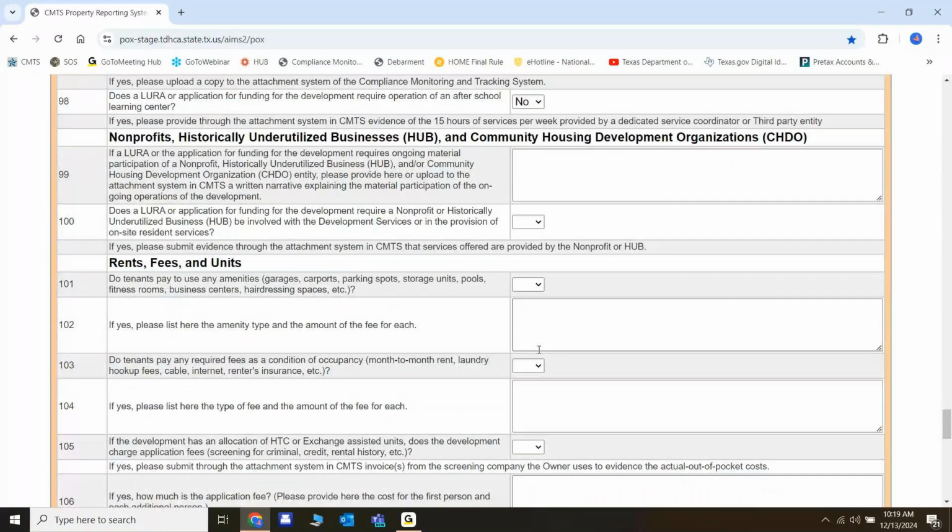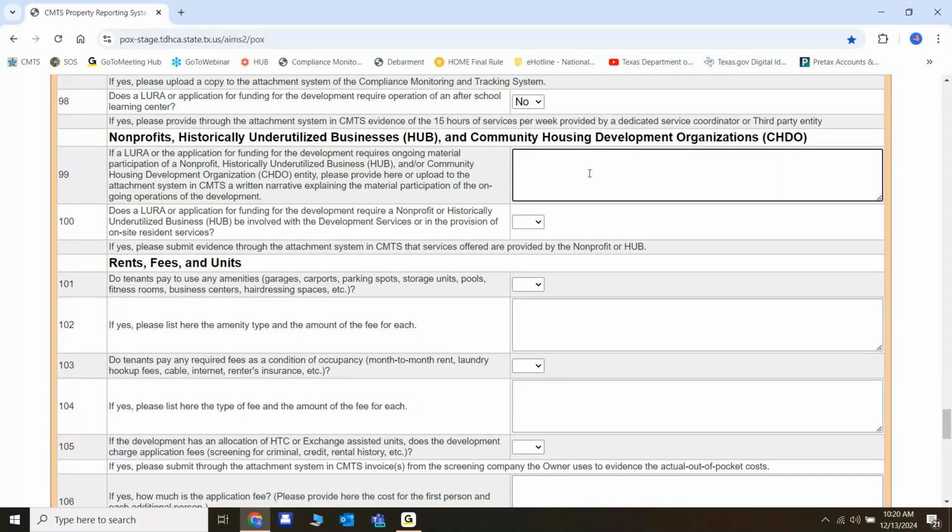Next, we're going to talk about nonprofits, historically underutilized businesses or HUBs, and community housing development organizations or CHDOs. Again, if your land use restriction or application for funding for the development requires ongoing material participation from the nonprofit, the HUB, or the CHDO entity, please provide here, or you can upload to the attachment system, a narrative.